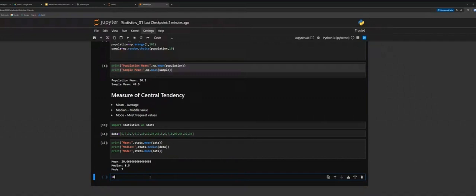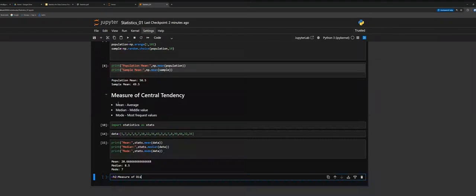I'll mention measure of dispersion. Simply, dispersion means difference, how far. And the previous one, measure of central tendency, means mean, median, and mode.